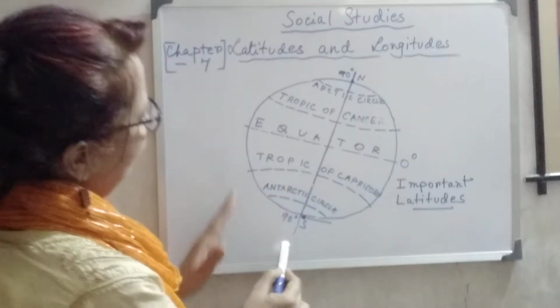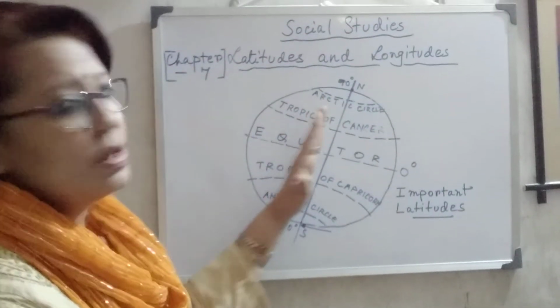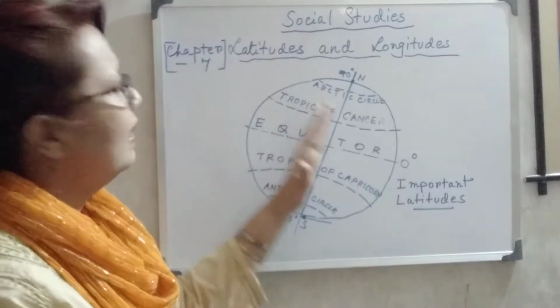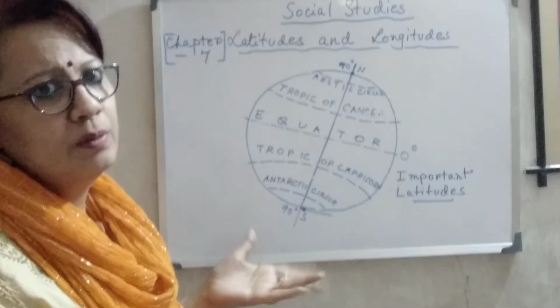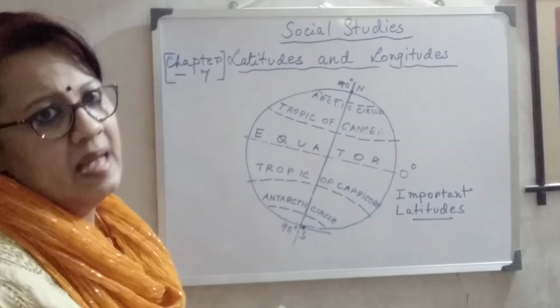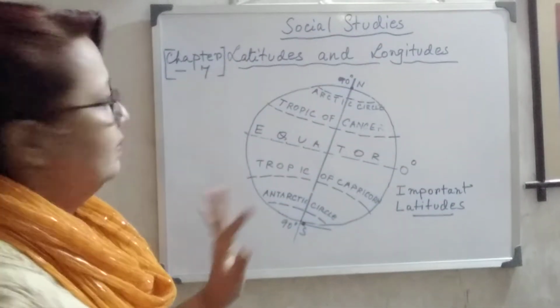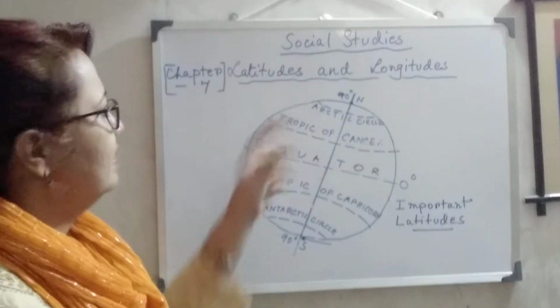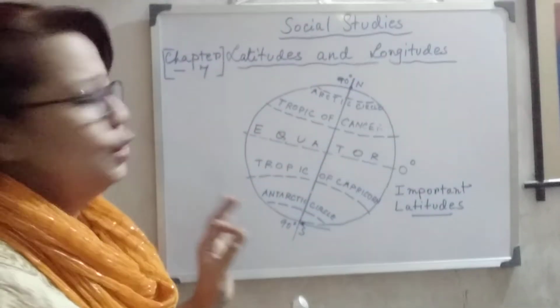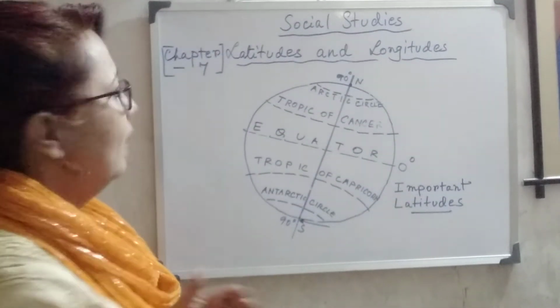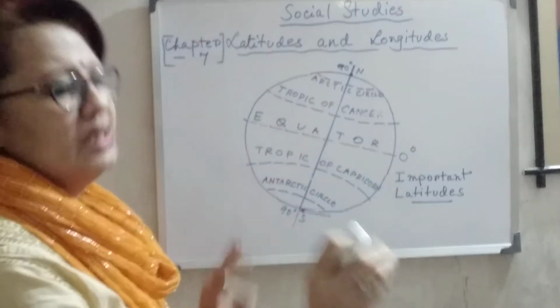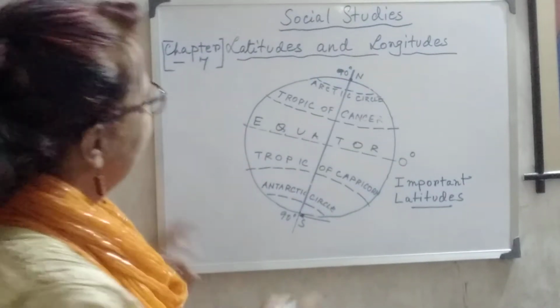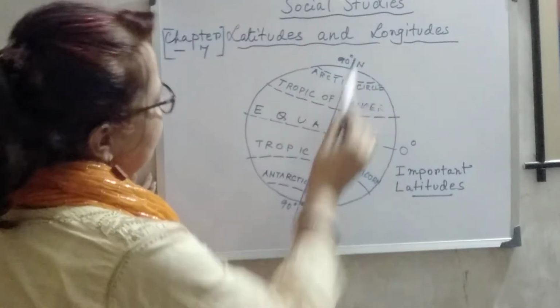Here it is tilted. It is called the axis. Actually, the equator and axis, as I told you, are all imaginary lines. Okay, they don't exist at all, but these are imaginary lines used to locate a place or a country, etc.